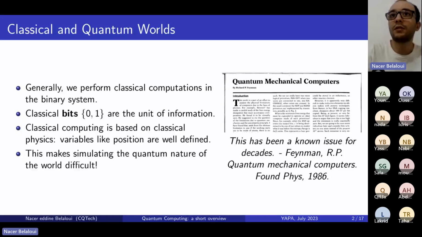Here's a screenshot on the right, a paper by Richard Feynman, Nobel Prize in Physics, where he was talking about quantum mechanical computers, that is, computers that use quantum mechanics to simulate quantum mechanical systems. This was in 1986. Feynman is widely known to be one of the fathers of quantum computing, so it's not a very recent field of science.